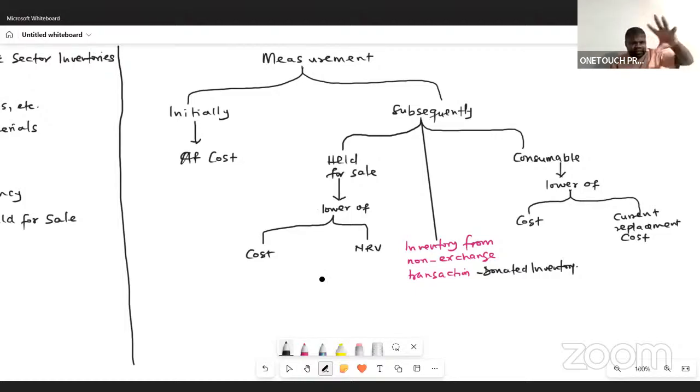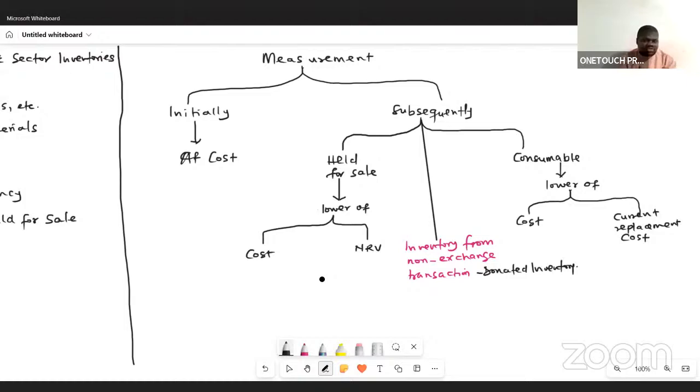Once it is held for sale, it means that the purpose is to sell it. The consumable here means that it's in a form of raw material or a consumable item that will either be distributed to the people within the organization, or it will be consumed by the organization in rendering a service or in production. So that is a consumable.